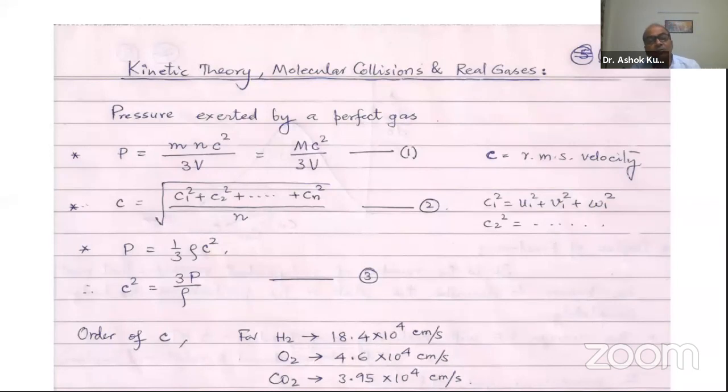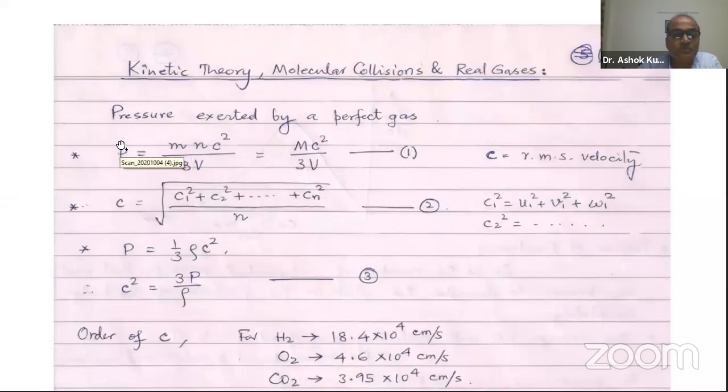Now, we are not going into detail on how we derive and reach the final expression. The final expression is for pressure exerted by an ideal gas or perfect gas. Ideal and perfect gas means there is no intermolecular attraction, because we assume the mass of the molecules is negligible. At the same time, the important thing is the size of the molecules is negligible compared to the volume of the gas.